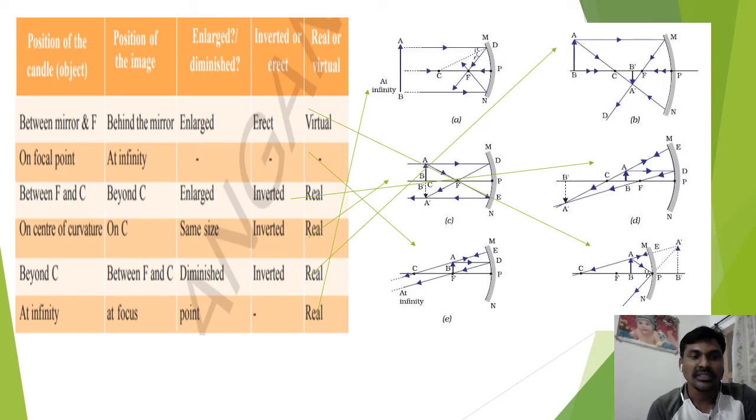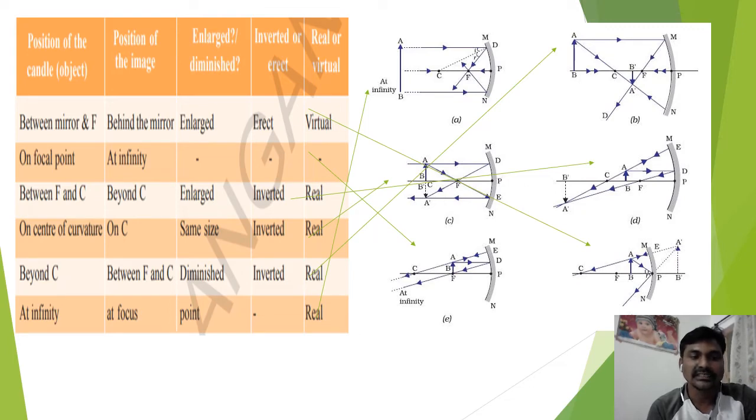And in the fifth case, when we place the object beyond the center of curvature, the position of the image is between the focal point and the center of curvature, and the nature of the image is diminished, inverted, real.